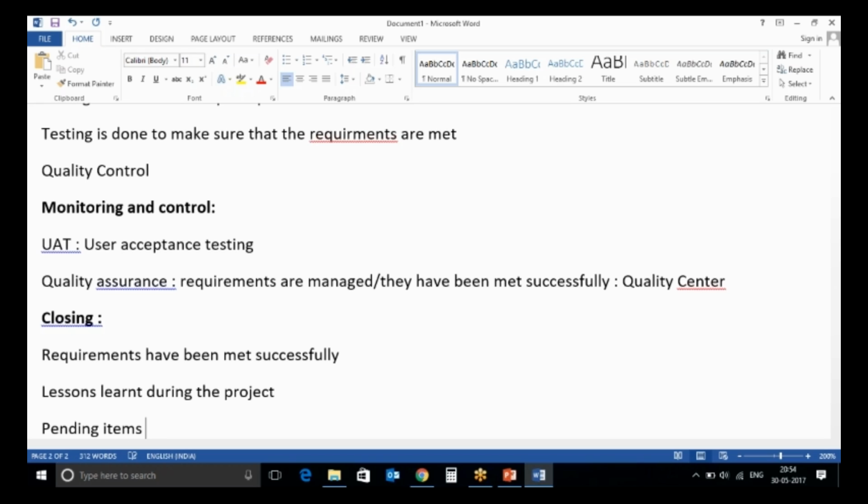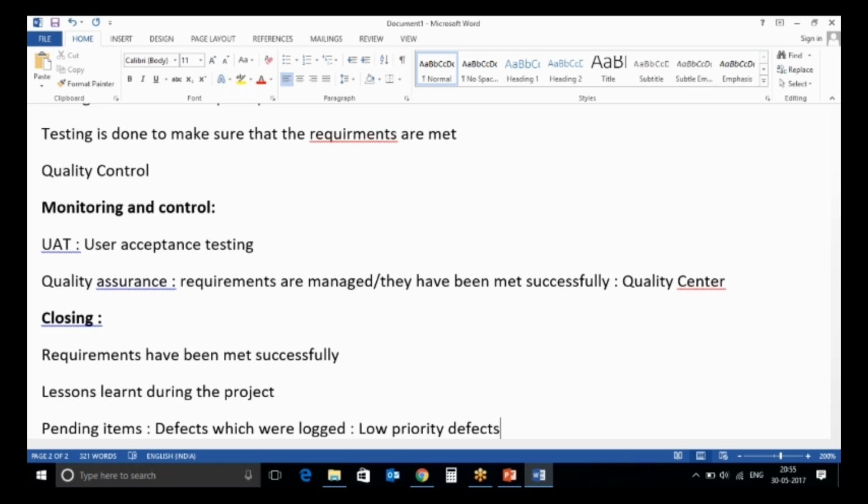When I talk about pending items, there might be some defects which were logged, but they were low priority defects. And the management said, let's go live with the project, and since these are low priority defects, we can fix them later on.